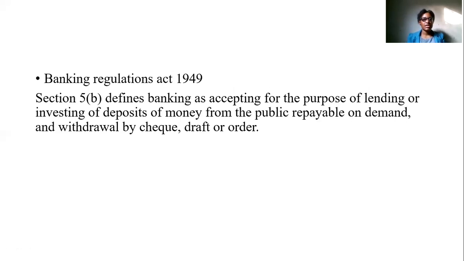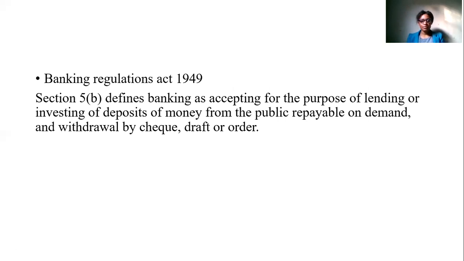So having looked at that, let us now look at the Banking Regulation Act 1949. Section 5B defines banking as accepting for the purpose of lending or investing of deposits of money from the public, repayable on demand and withdrawal by check, draft, or order.